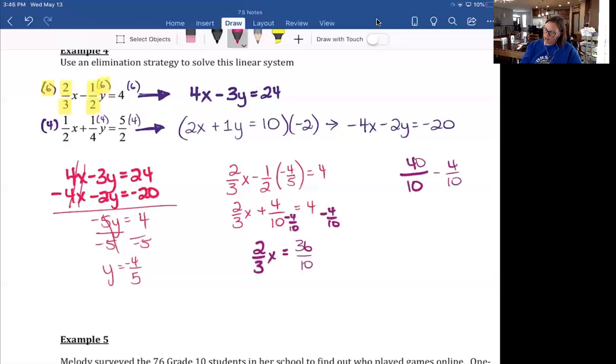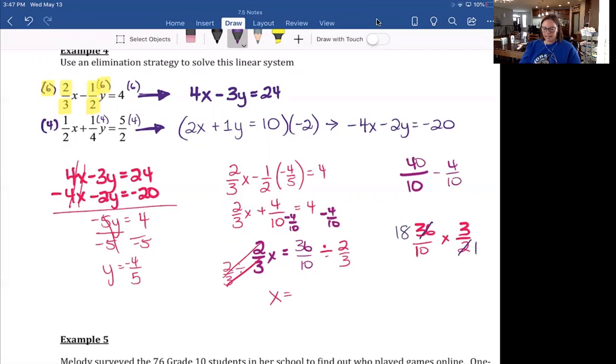And now I'm dividing by 2/3. Divide by 2/3. X equals, keep it, change it, flip it. Okay, I can reduce the 2 with the 36 by dividing by 2.